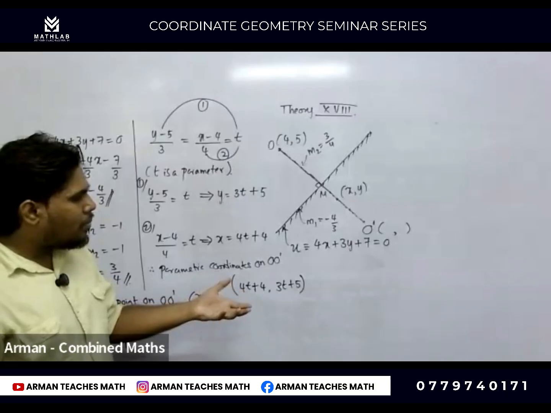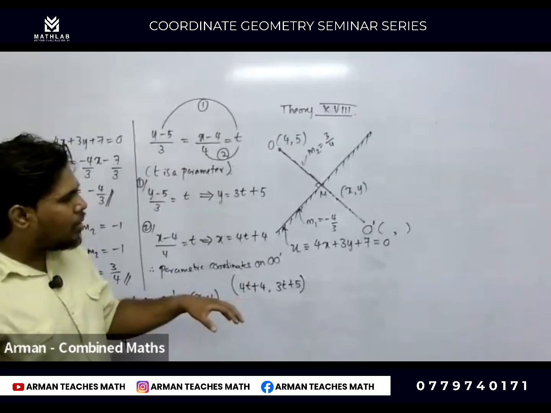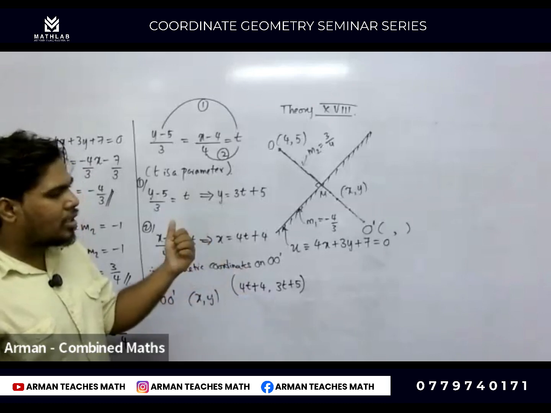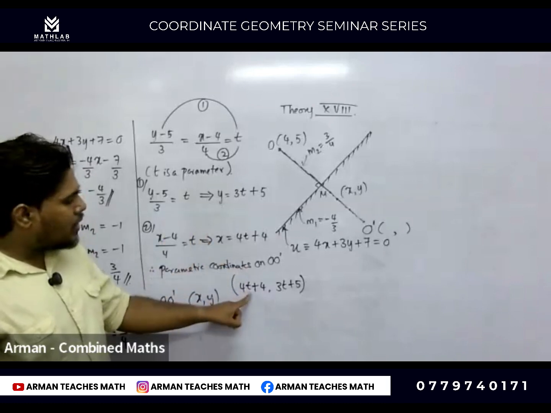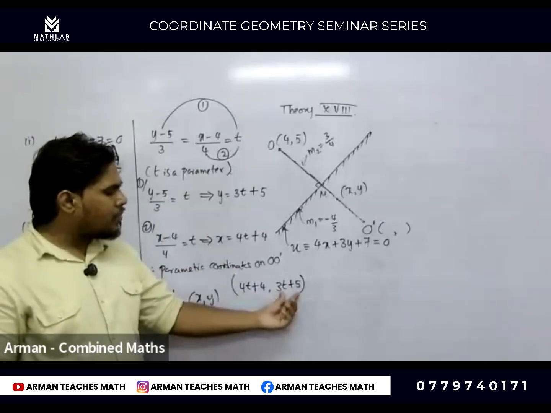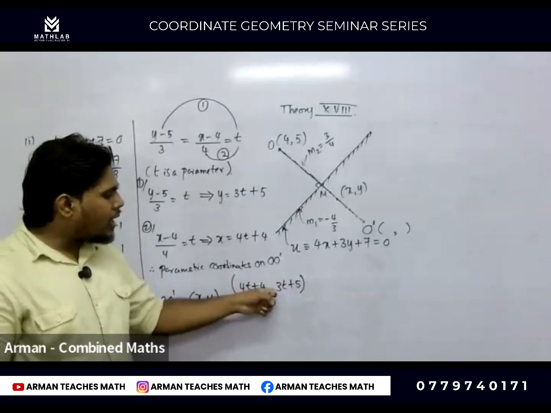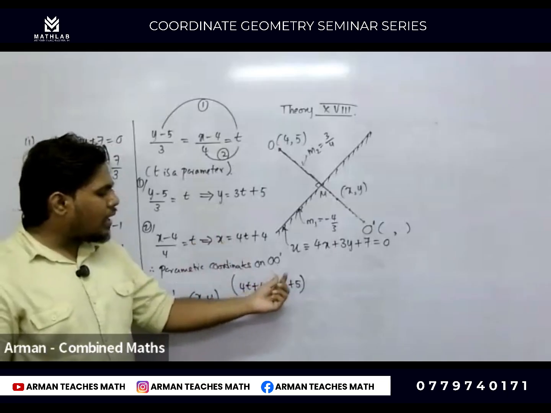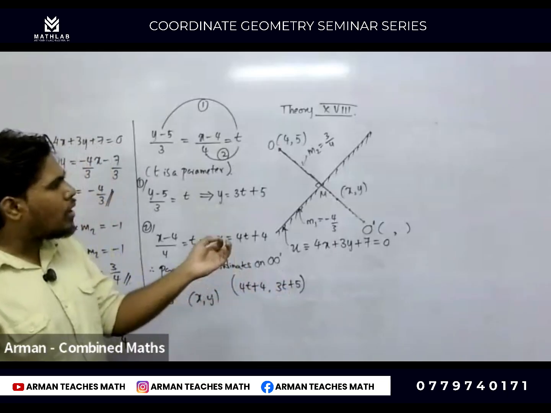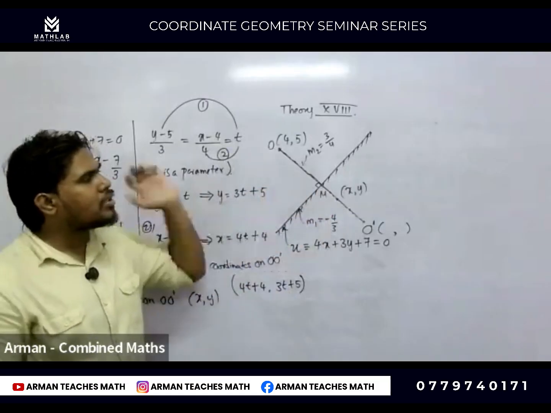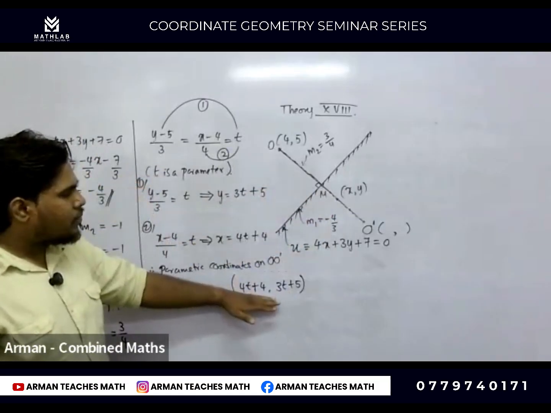It can be a whole number, a negative whole number, a decimal, any rational value or irrational value. Any value you substitute to t, you will get an answer here and an answer here. That x comma y coordinate is going to be the coordinate of a point which is obviously on this OO dash. That's the idea of this.